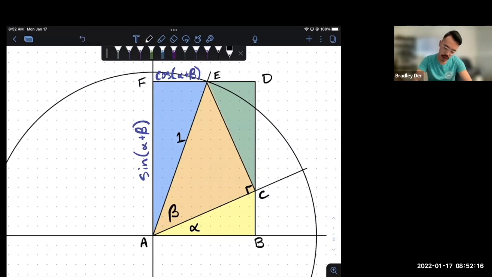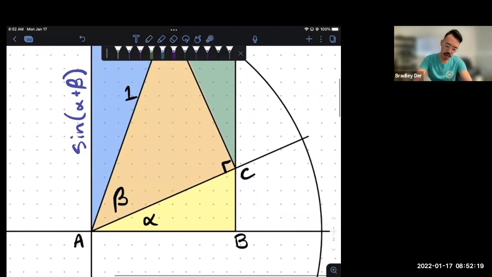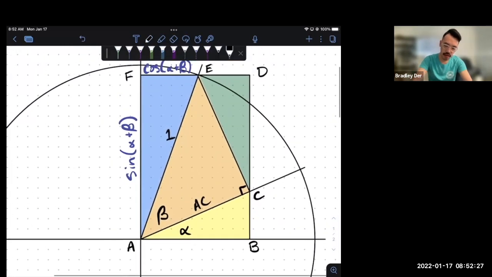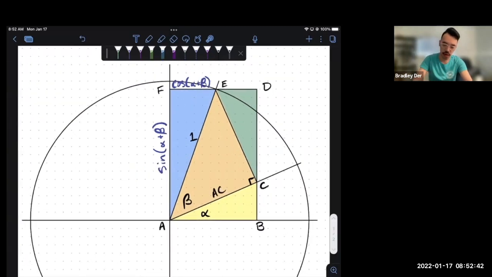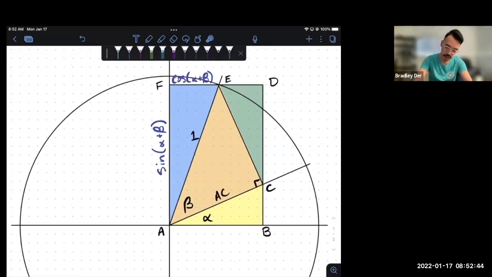So if I wanted to find the length of this segment, let's say AC, then I could just focus on this orange triangle and use SOHCAHTOA. We already have an angle beta. We're looking for the adjacent side, and we know the hypotenuse. Sounds like cosine to me. SOHCAHTOA, cosine is adjacent over hypotenuse.